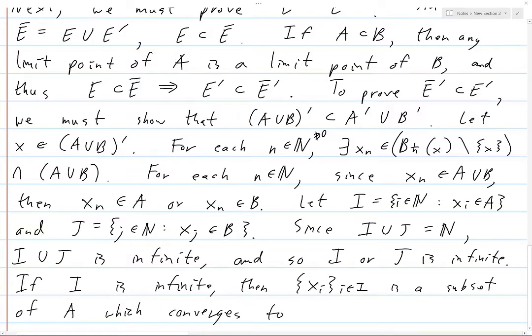And why does it converge to x? It converges to x because these balls have radius 1 over n, which means that as you go further on in the sequence, you get closer and closer and closer to x.